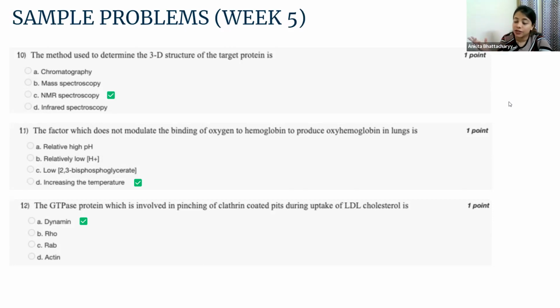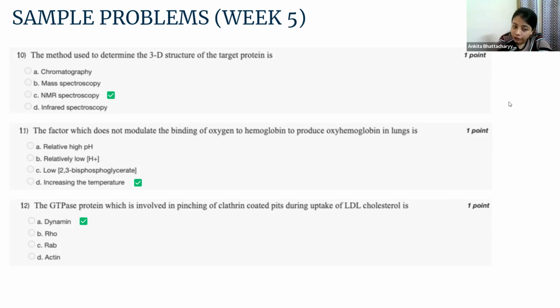So temperature has no role to play here, right? When we talk about all of the factors that affect this entire exchange of oxygen binding and its release, there is pH, or H plus ion concentration, which is also what the second option is relating to. The third is 2,3 BPG, which also has a huge role to play. But temperature, of course, does not. You can study this via the Bohr effect as well, right? So that's conclusive for question 11.